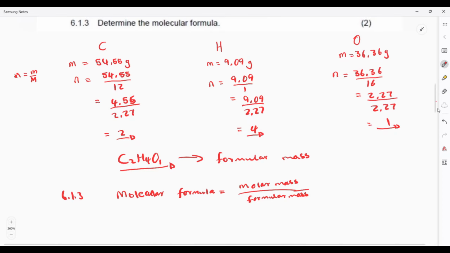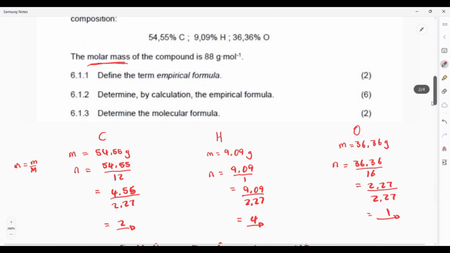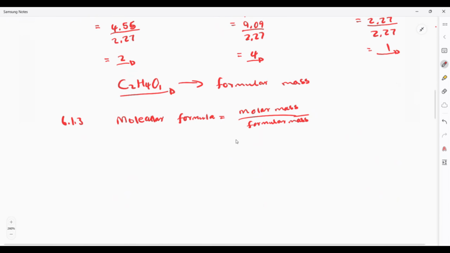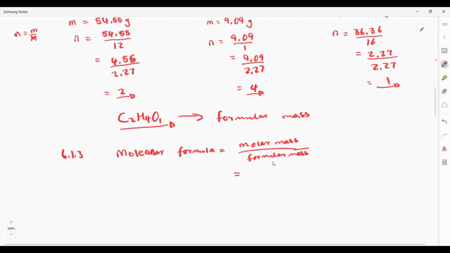And the one that you are given on the question, it is your molar mass. They even stated it over there. So at the end, you're going to say, what was your molar mass? It was 88. And then what is your formula mass? You find the molar mass of this compound as your formula mass.